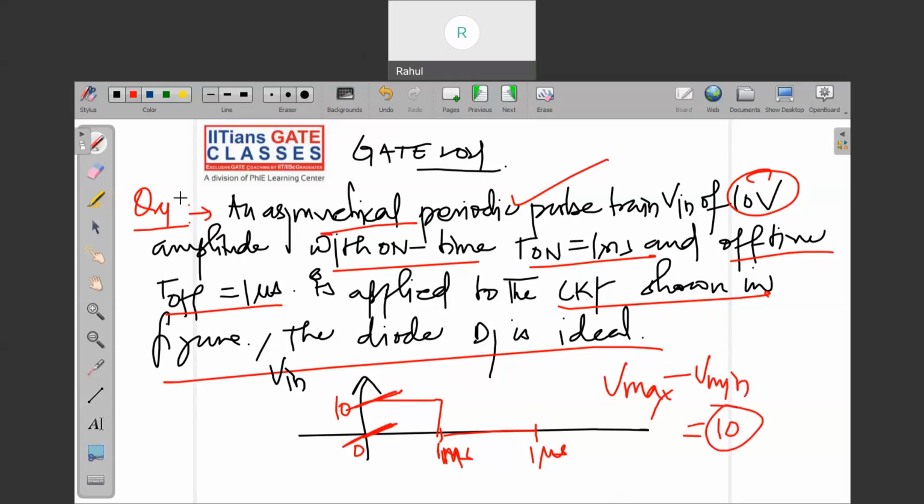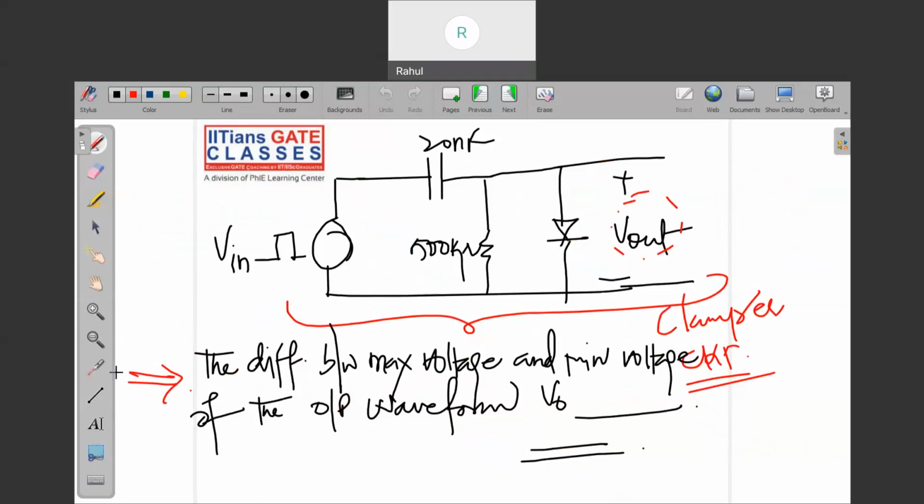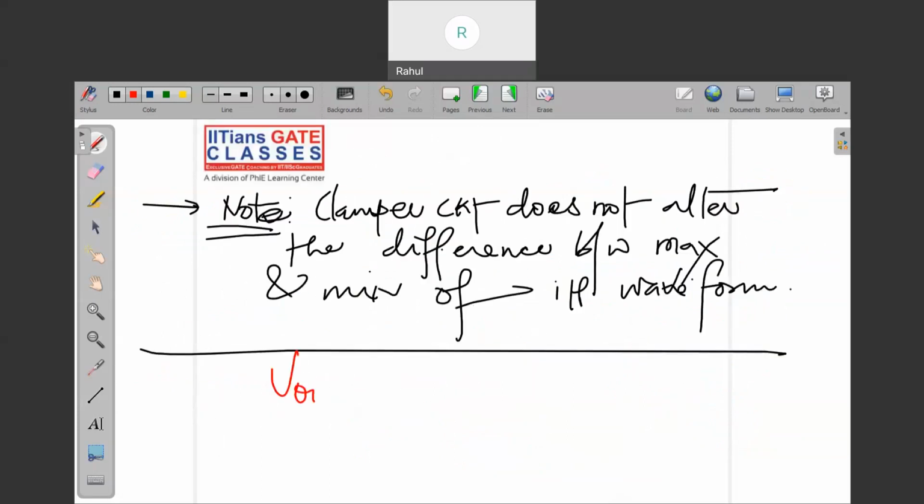So your answer for this question will be 10 only. This is the practical answer. So VO max minus VO min will be 10.